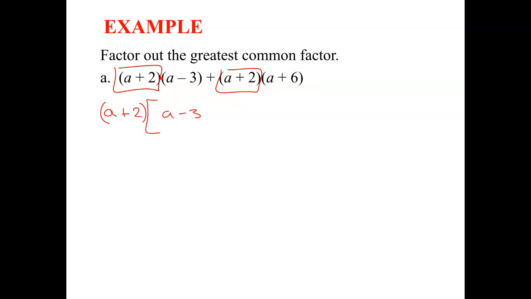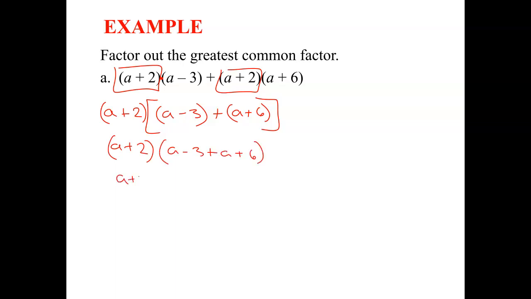Put this in a bracket. A minus 3 is left. What am I left with in the other term? A plus 6. And now that all my multiplication's gone, all I have is a subtraction. I can drop those parentheses. And now that those parentheses are gone, what can I do now?